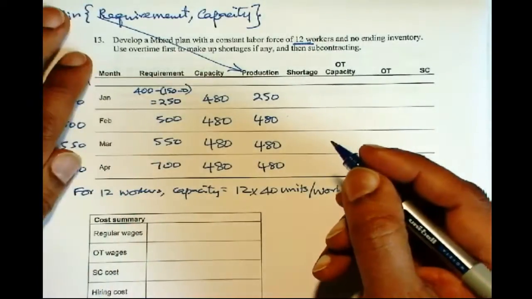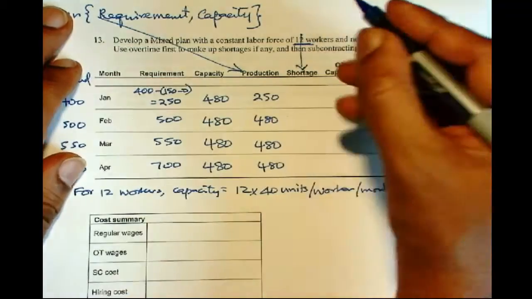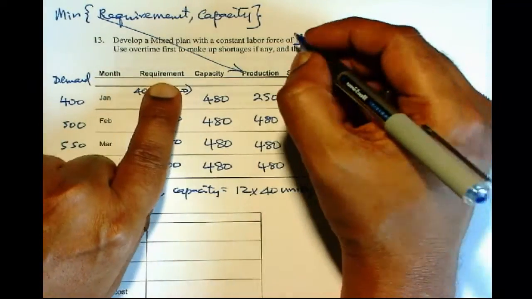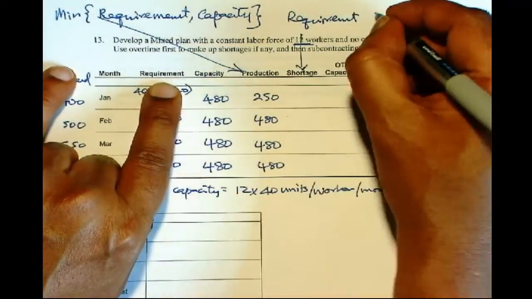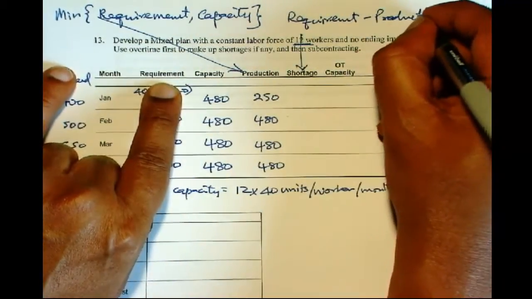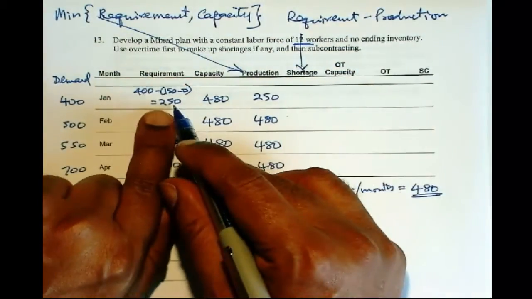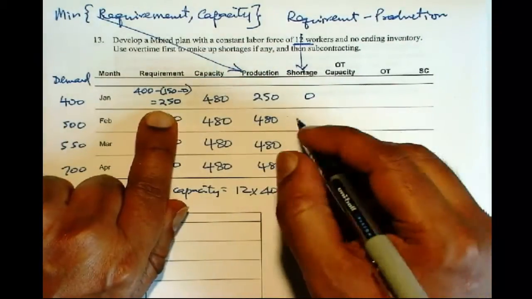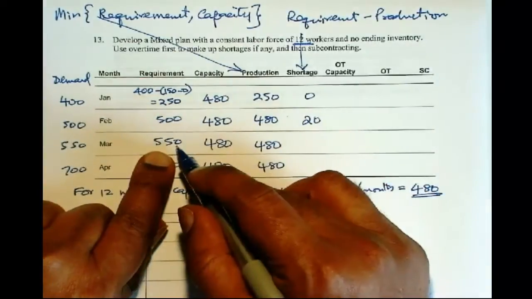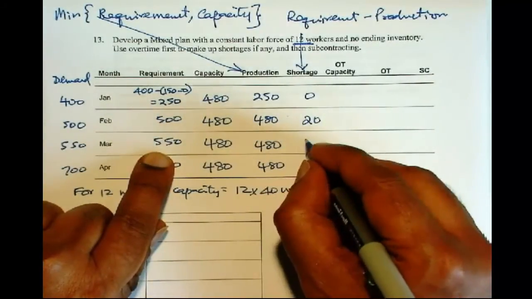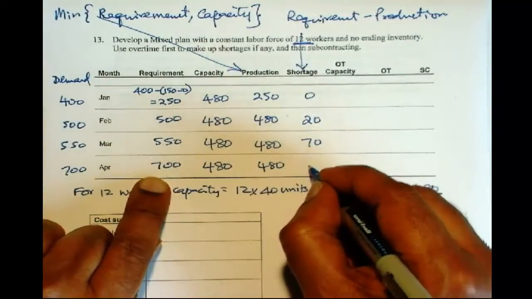Now shortage, remember shortage is requirement minus production. So this will be 250 minus 250 is 0. 500 minus 480 is 20. 550 minus 480 is 70. 700 minus 480 is 220.